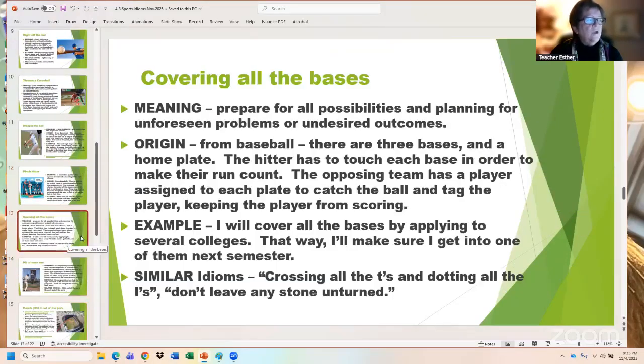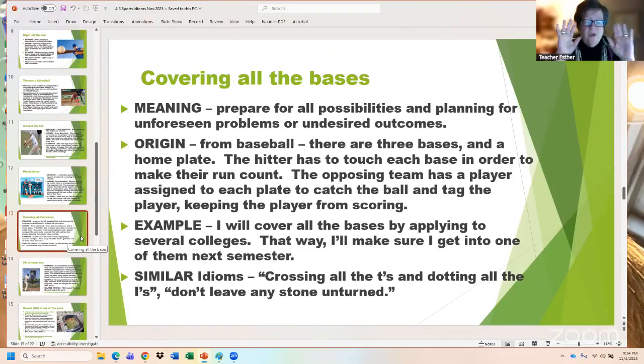Okay, the next one, which is a little bit more involved. Now remember, there are 3 bases and a home plate. So back to that picture in your mind, that field diagram that we started with, all of those bases, those white squares out in the field, the player has to touch each one.